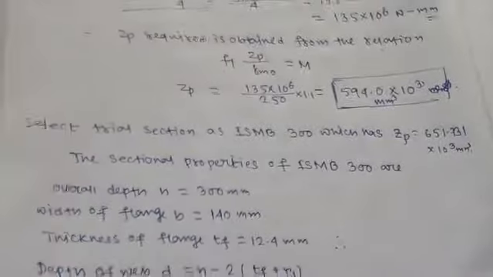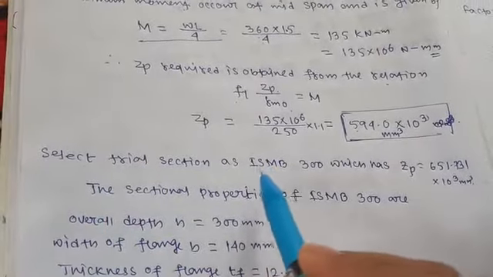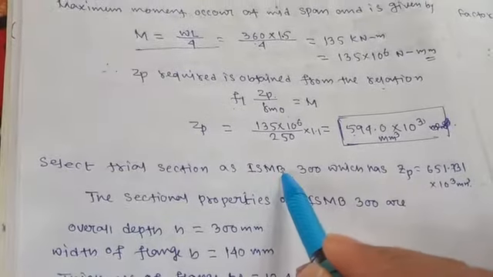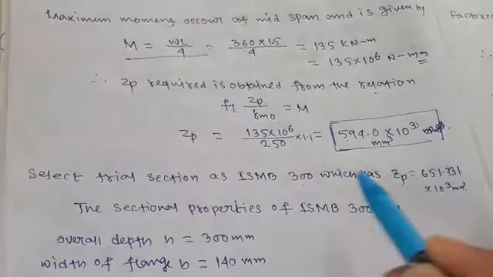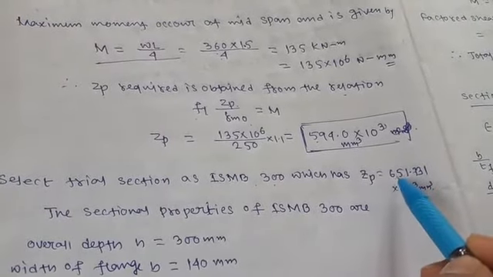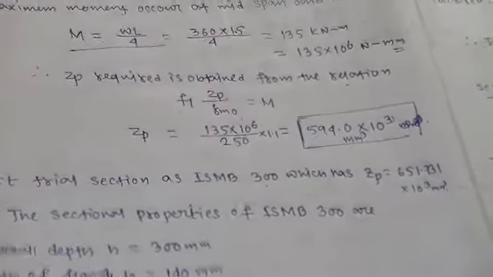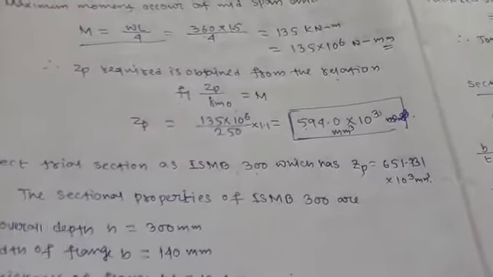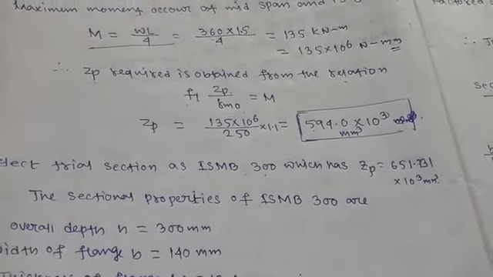So we take a section. The trial section is ISMB, Indian Standard Medium Beam 300, which has Zp of 651.73 into 10 to the 3 mm cube.